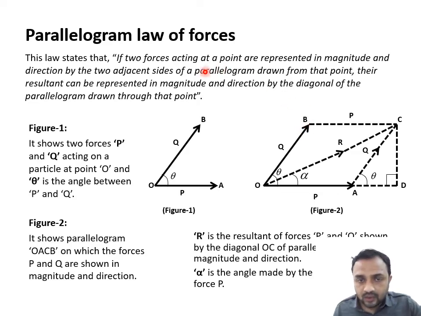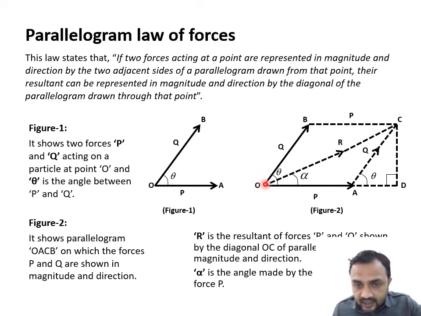So what does the law say? If two forces acting at a point are represented in magnitude and direction by two adjacent sides of a parallelogram, that is OB and OA, drawn from that point, their resultant is represented in magnitude and direction by the diagonal of the parallelogram drawn through that point.